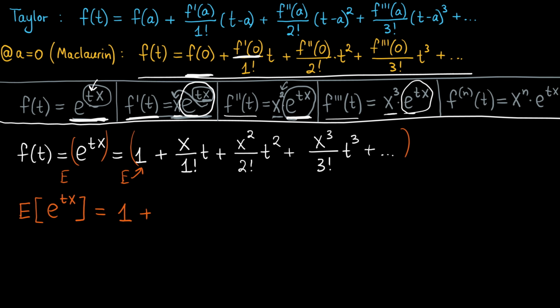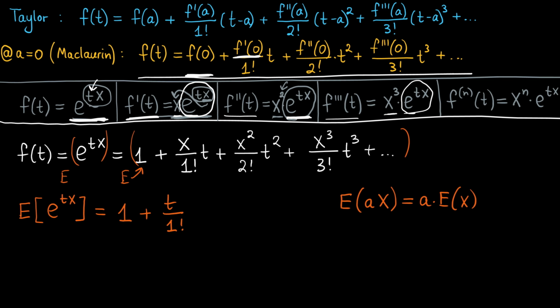plus, what do we have here? So let's just remind ourselves that the expected value of ax equals a times the expected value of x, where a is a constant. So t over 1 factorial is a constant in the sense that it's not a random quantity.